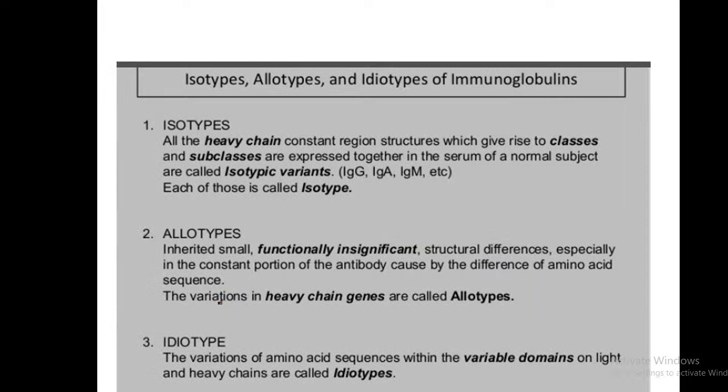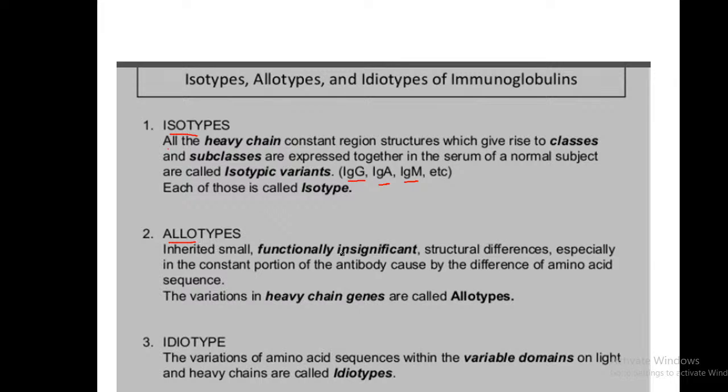Isotypes are the different types of antibody. All the heavy chain constant region structures give rise to the subclasses. Isotype examples are IgG. We learned there are 5 types of antibodies: IgG, IgA, IgD, IgE and IgM. That is what is known as isotype.